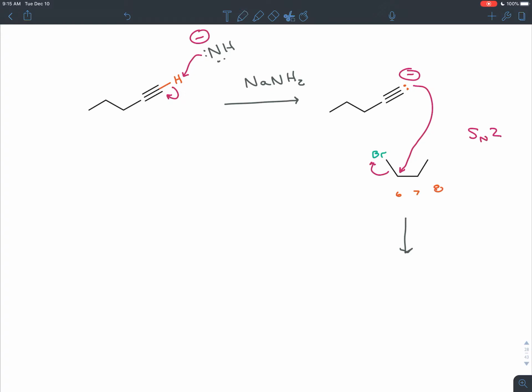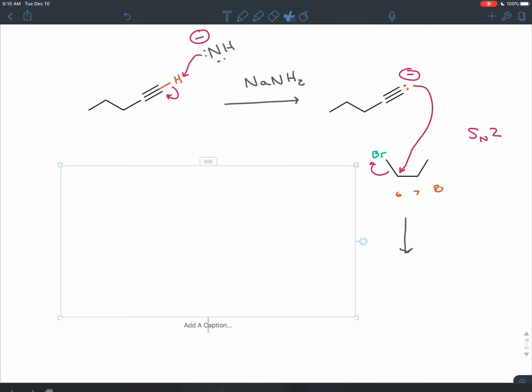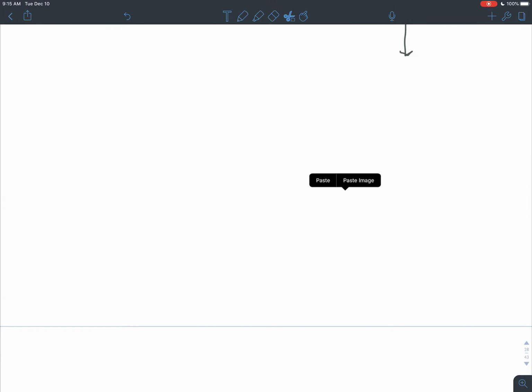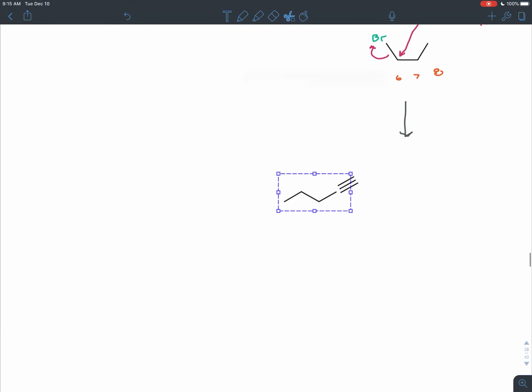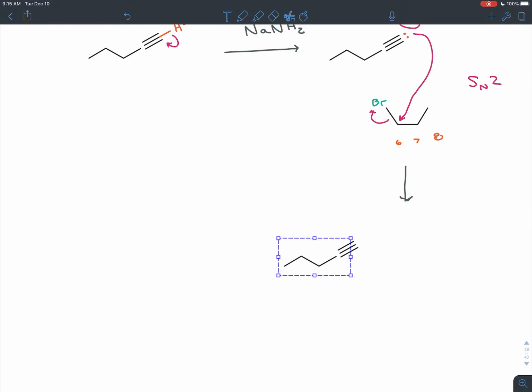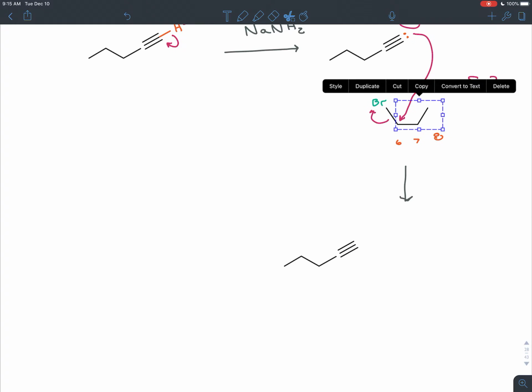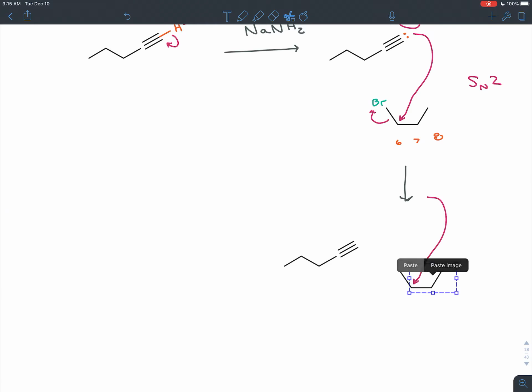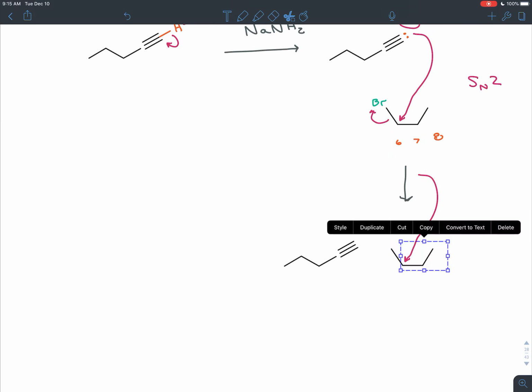So we would have our original carbon chain with the 5 carbons, and then attached to it, where the bromine was, we'll have a triple bond.